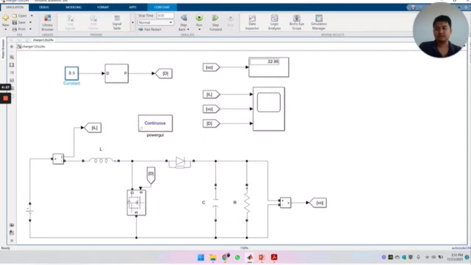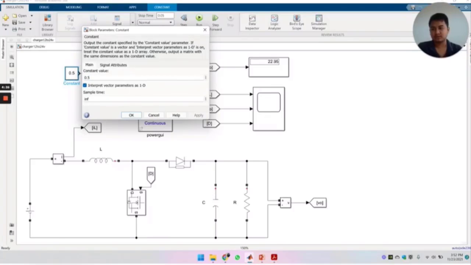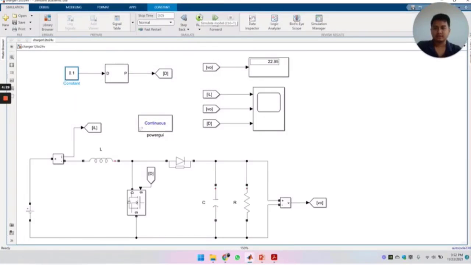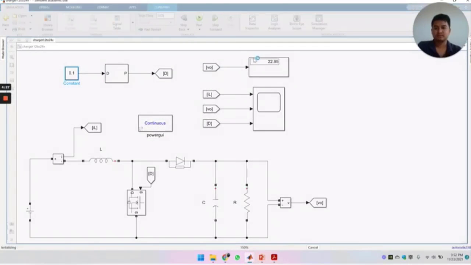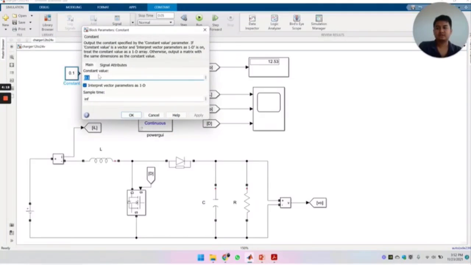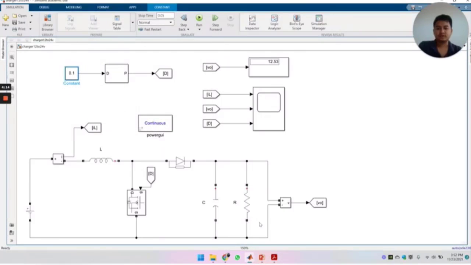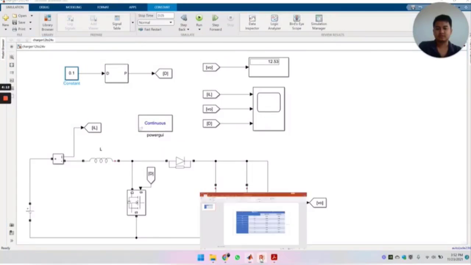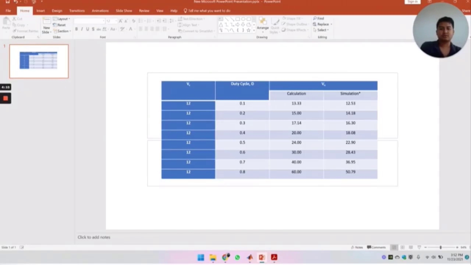Then we change the constant value to 0.1, and then we run the simulation. So we can get the output voltage for duty cycle 0.1, and we increase the constant value based on this table.